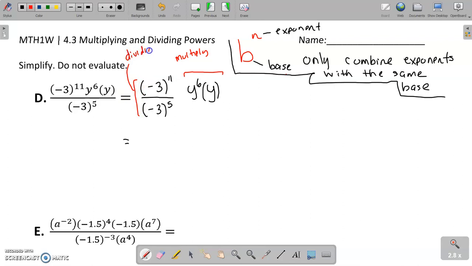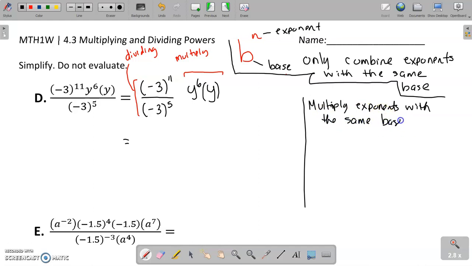So if you remember from the previous video, maybe I'll write this on the side. So when you multiply exponents with the same base, you add the exponents.